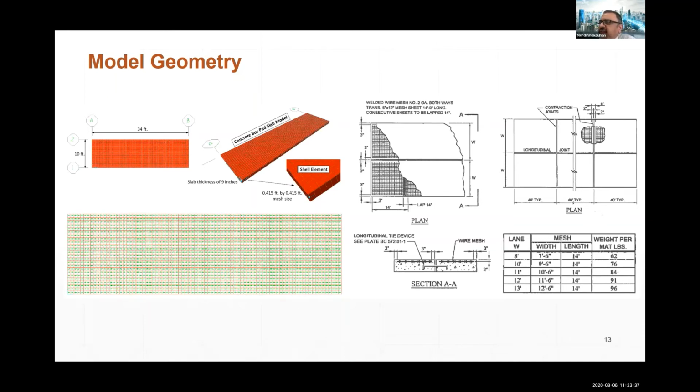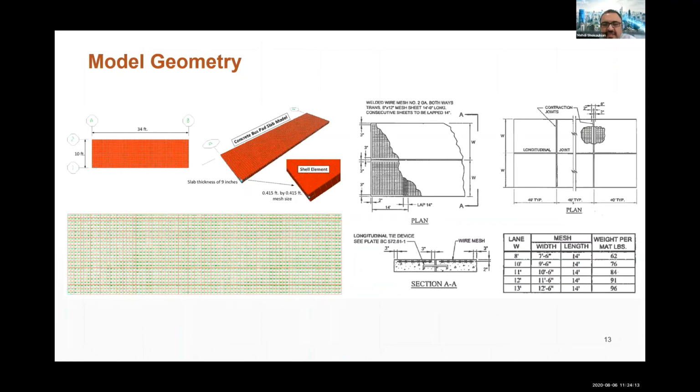As you see here, this is a plan, and this is the section A that is showing the location of the wire mesh with the size of them. Basically the thickness of the slab is about 9 inches, and the rebar wire mesh is placed at the top of the slab. And this is how we mesh the whole slab.